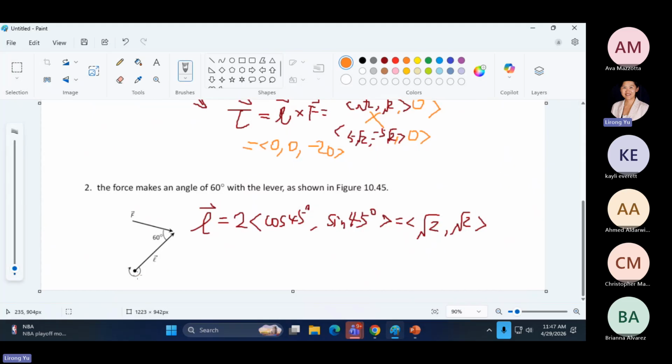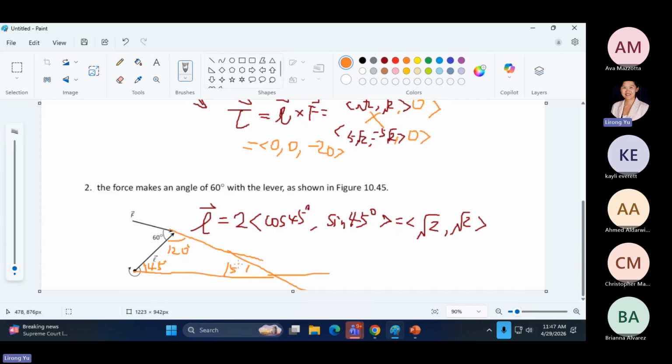Let's look at it. This was 45. If you extend it, this is 60, so this is 120. There we have it. So 180 minus 120 minus 45 is 15. So it's 15 degrees. It won't be easy to do the calculations.